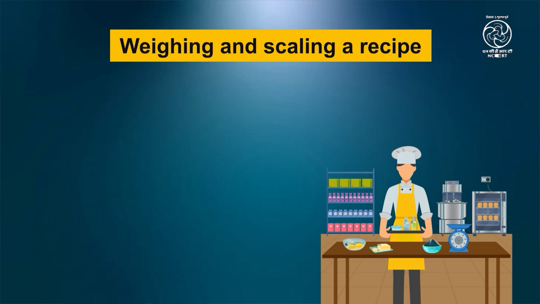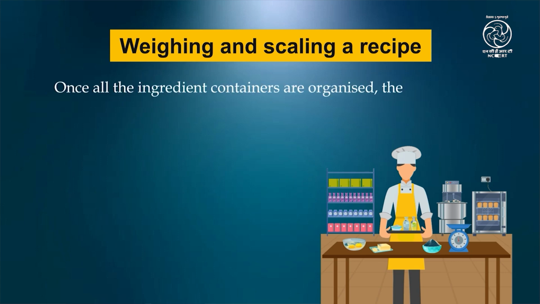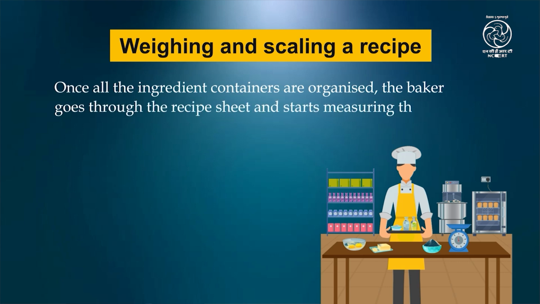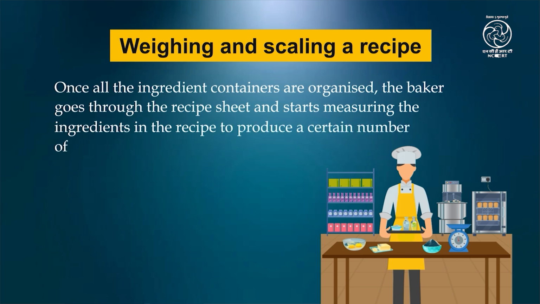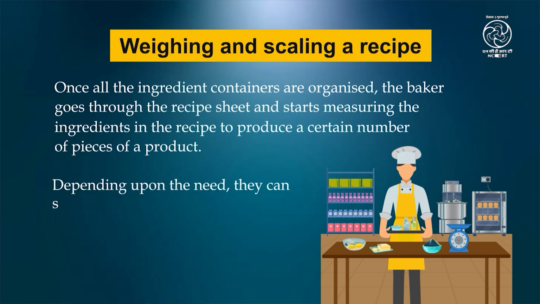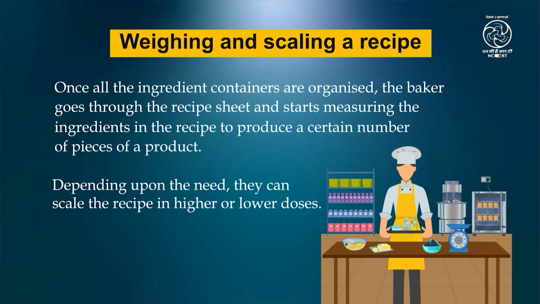Next is weighing and scaling a recipe. Once all the ingredient containers are organized, the baker goes through the recipe sheet and starts measuring the ingredients in the recipe to produce a certain number of pieces of a product. Depending upon the need, they can scale the recipe in higher or lower doses.